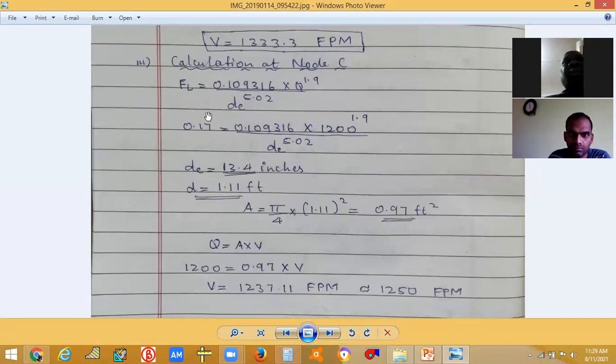Calculation at node C. You'll be getting the value in inches, and in feet you'll be getting it in the 1.11 area. So complete this and let me know.